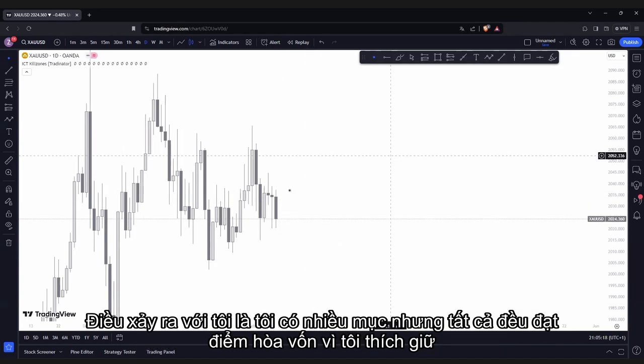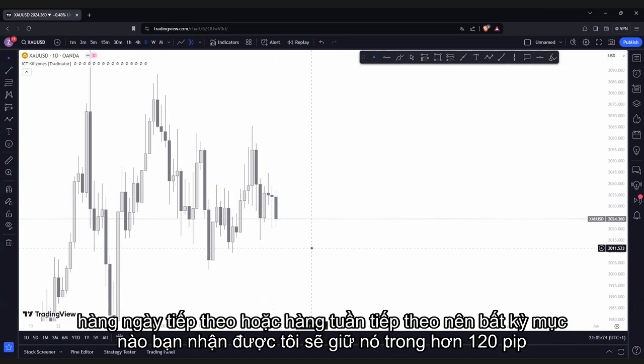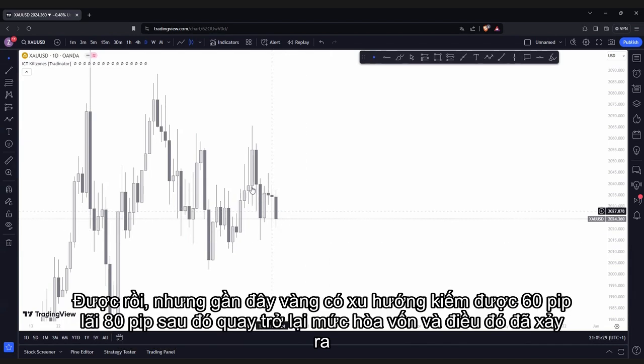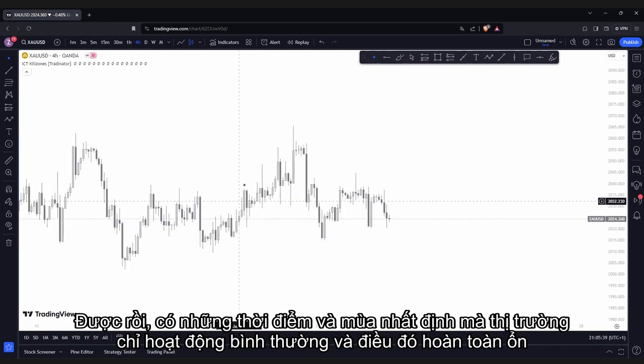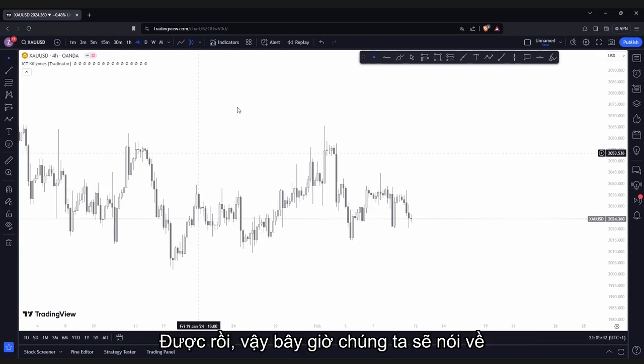So what was happening to me is that I got many entries, but all of them hit break even because I like to hold it to the next daily or next weekly. Any entry I get, I'm going to hold for more than 120 pips. But lately gold has been going 60 pips, 80 pips in profit, then comes back to break even, and that happens. There are certain times and seasons where the market is just chopping around, and it is totally fine.